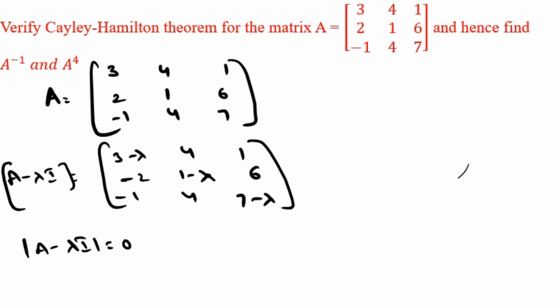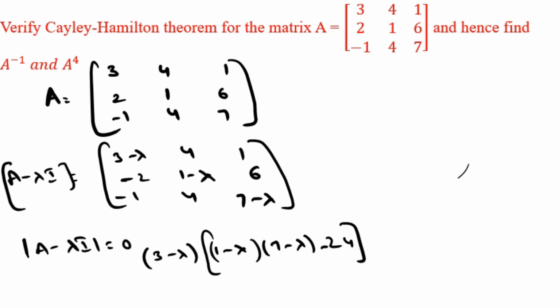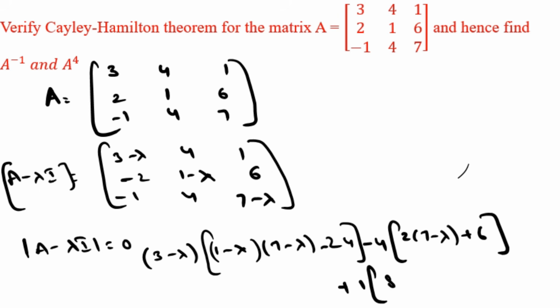Is equal to 0. Therefore, its determinant will be 3 minus lambda into 1 minus lambda into 7 minus lambda minus 24, minus 4 into 2 into 7 minus lambda plus 6, plus 1 into 8 plus 1 into 1 minus lambda is equal to 0.